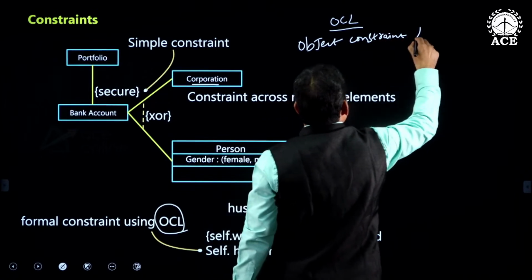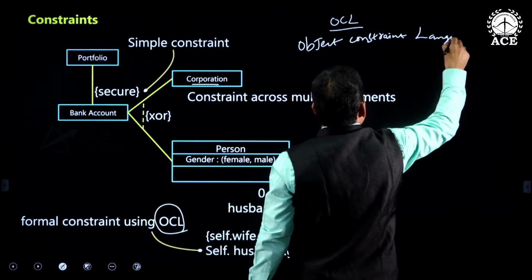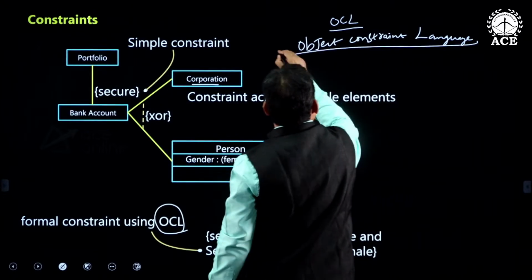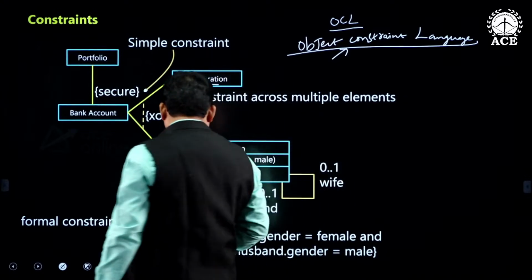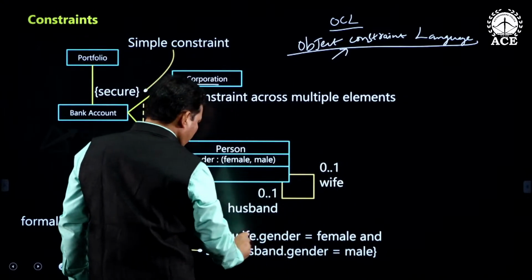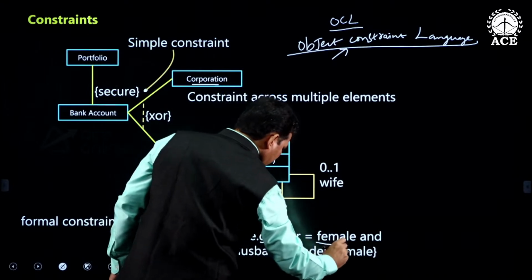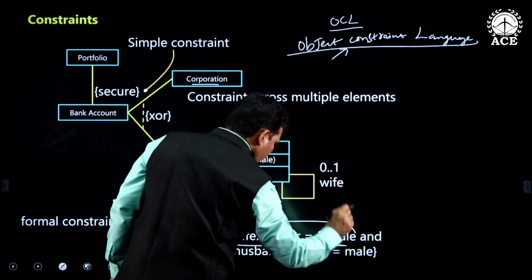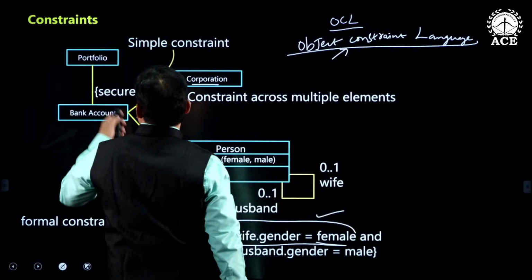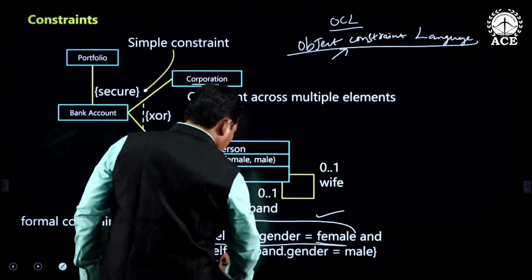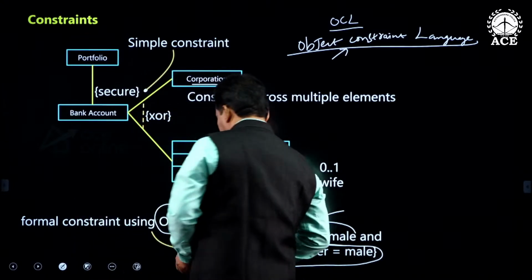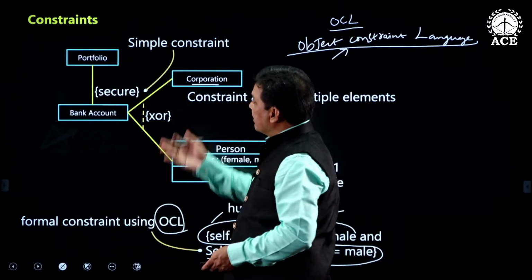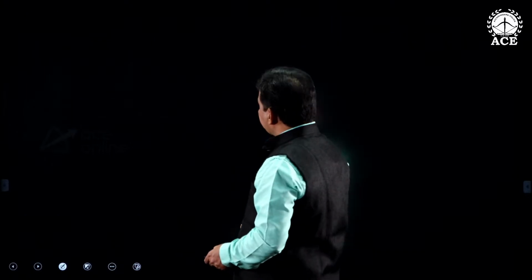OCL stands for Object Constraint Language. So self dot wife dot gender is female: this is the constraint condition, then only the account can be opened. And self dot husband dot gender is male. These are the constraint conditions. Under these conditions only will the account be given by the bank.